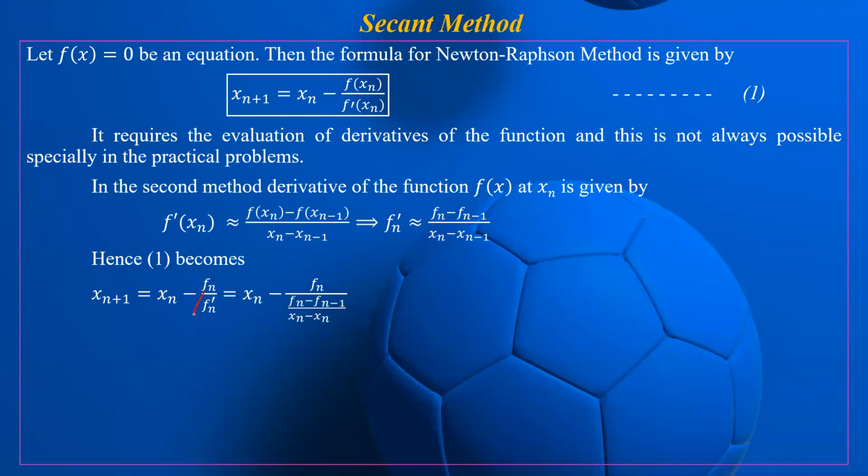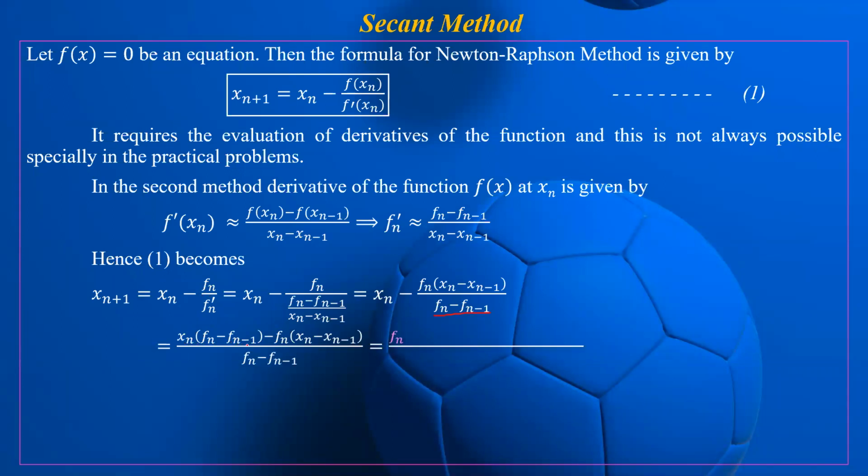Now we put the value of f dash of x n, which is f n minus f n minus 1 upon x n minus x n minus 1. The lower term goes to the numerator. So x n minus f n times x n minus x n minus 1 upon f n minus f n minus 1. If we simplify it again, the LCM is f n minus f n minus 1, so we multiply x n by f n minus f n minus 1, minus f n times x n minus x n minus 1.